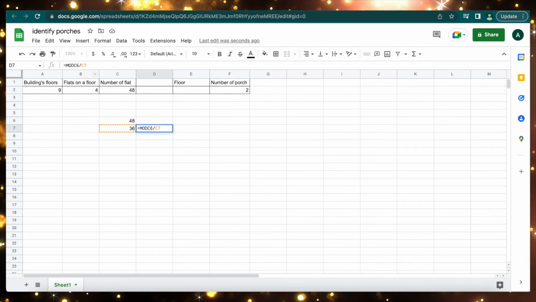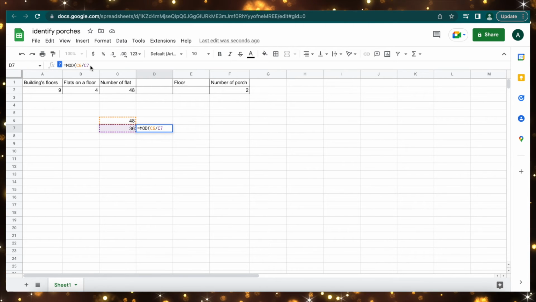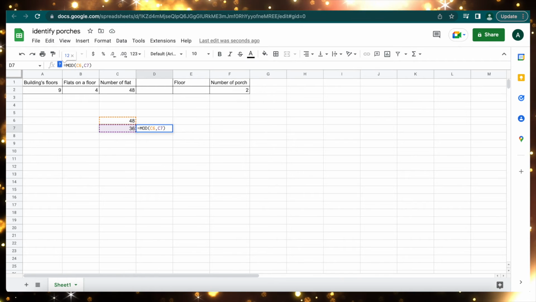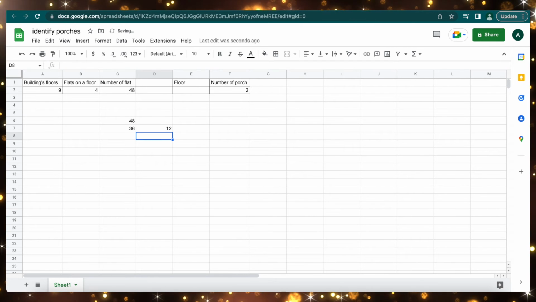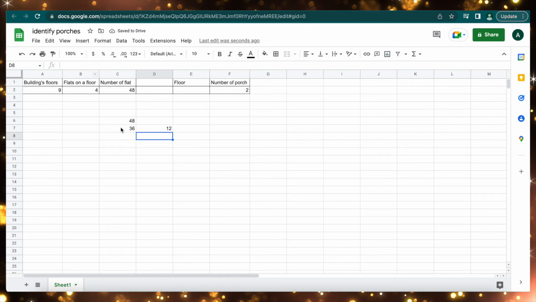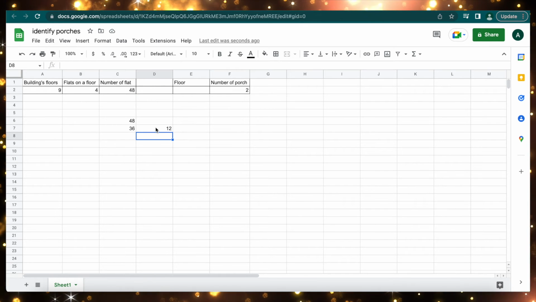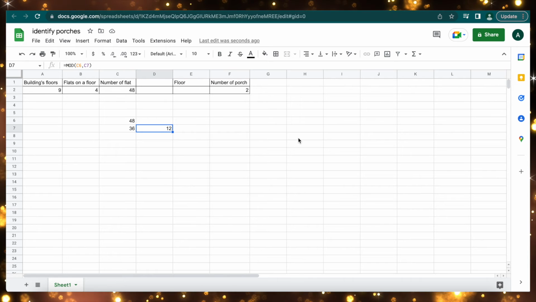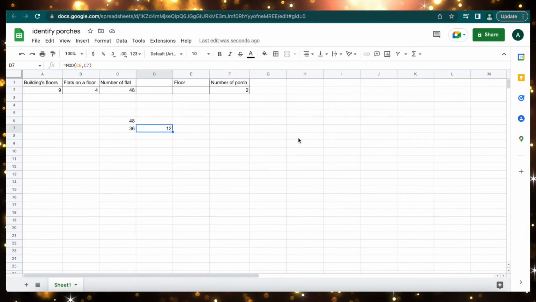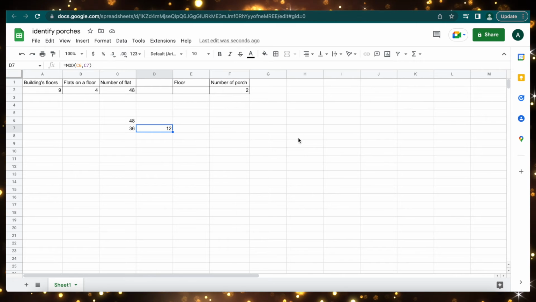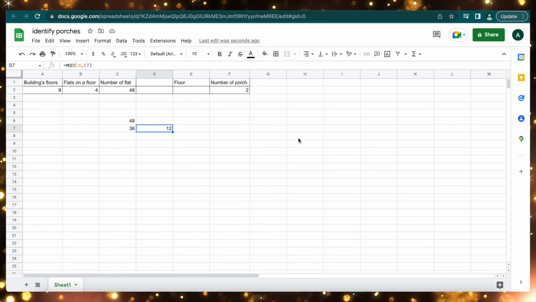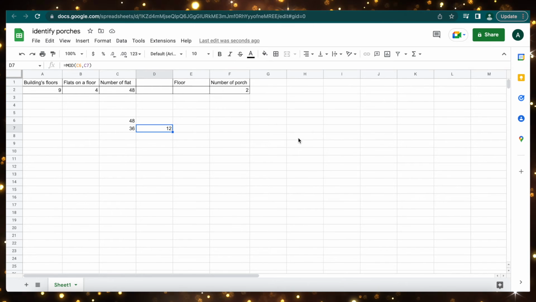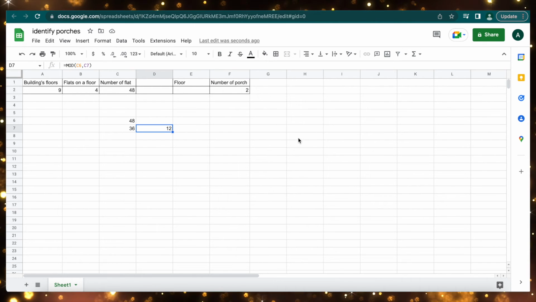So we have to transform our function, and instead of dividing, comma, enter. And you see that after dividing these two numbers, we have a remainder. It's 12. That's why we know that in that current porch, up to flat 48 we have only 12 flats.